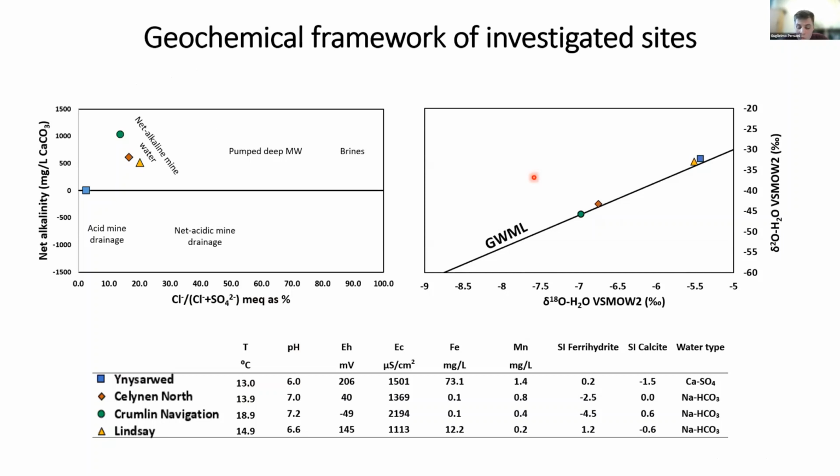All the samples plot on the global meteoric water line, which basically means that the water is derived from recent meteoric infiltration, and we can then exclude interaction with deeper and ancient groundwater in our coal mine groundwaters.